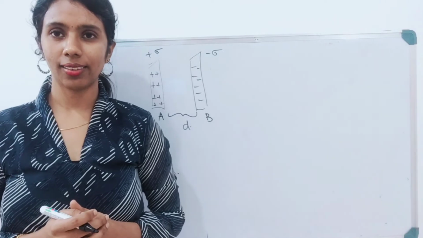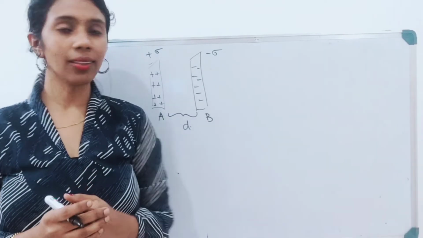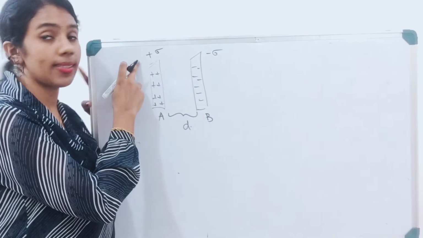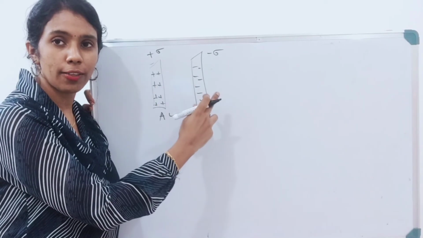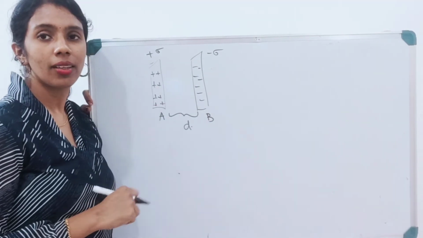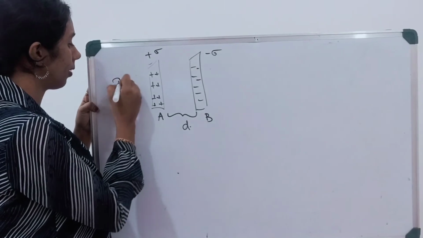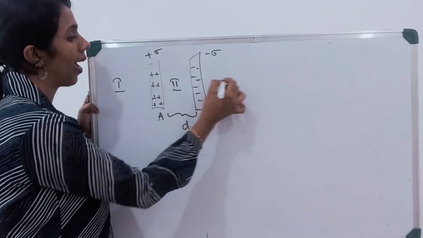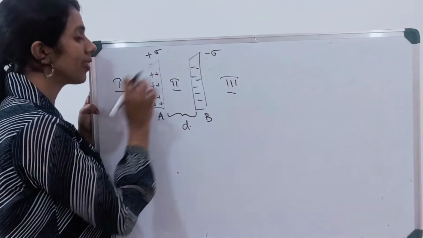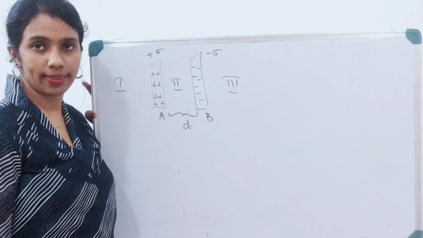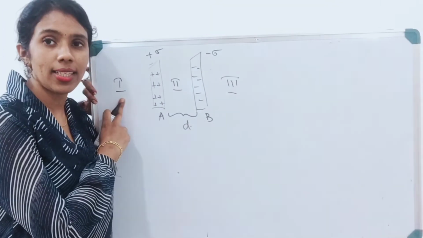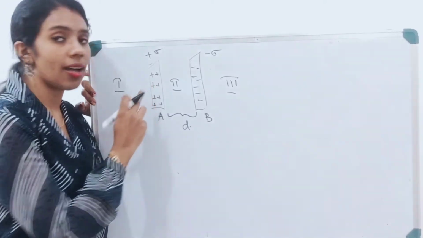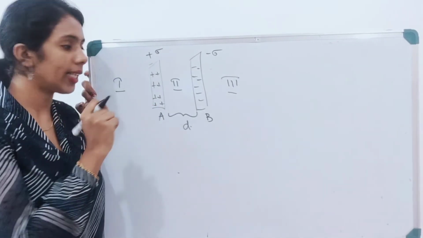In the first part, there are two plates given. One is of surface charge density plus sigma and the other is of surface charge density minus sigma. We have to find the electric field at region 1, region 2 and region 3, that is, on either side of the plates and in between the plates. So if I am considering region 1, for a positive charge, the electric field will always be directed outwards.